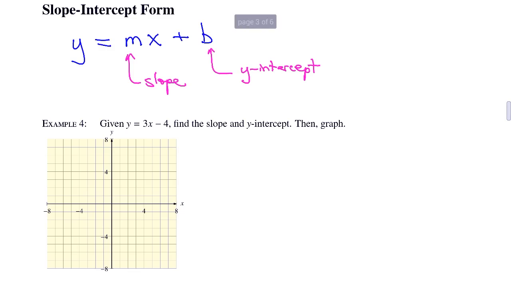In example 4, given y is equal to 3x minus 4, find the slope and the y-intercept, then graph. So if we look at the equation, y equals 3x minus 4, we can read off the slope. That is the number in front of the x. So slope is equal to 3.